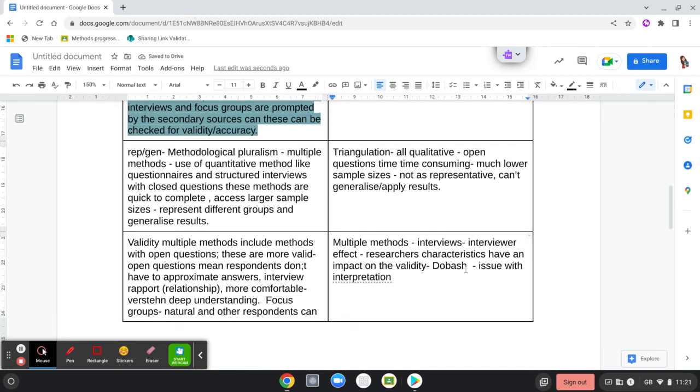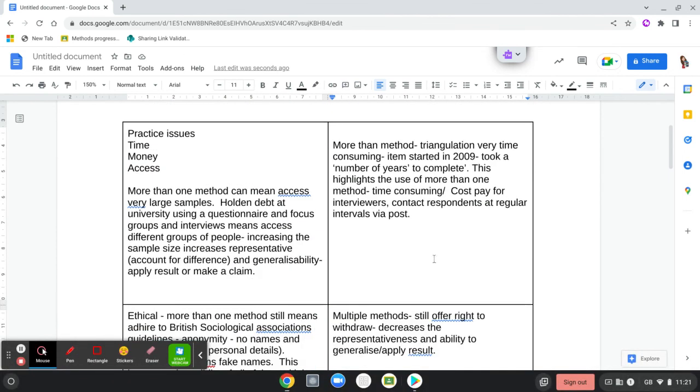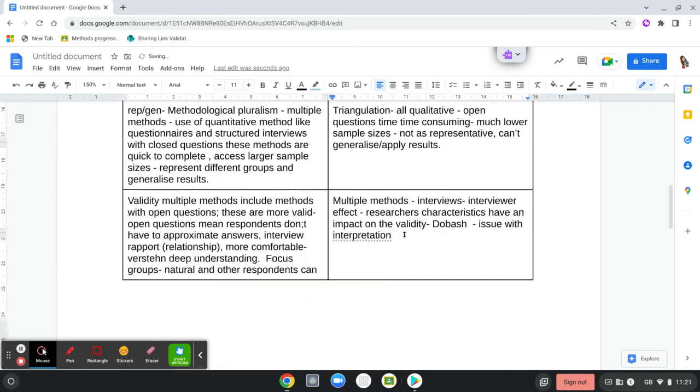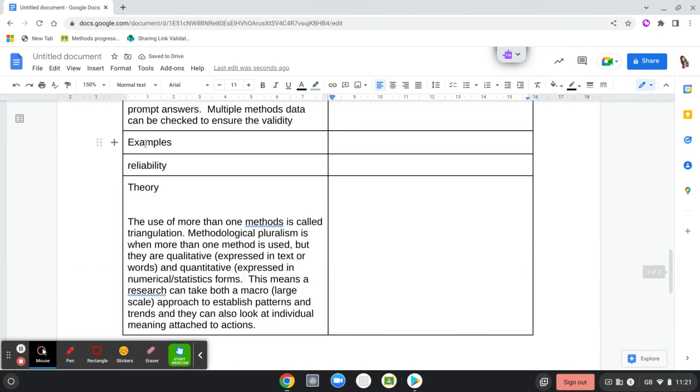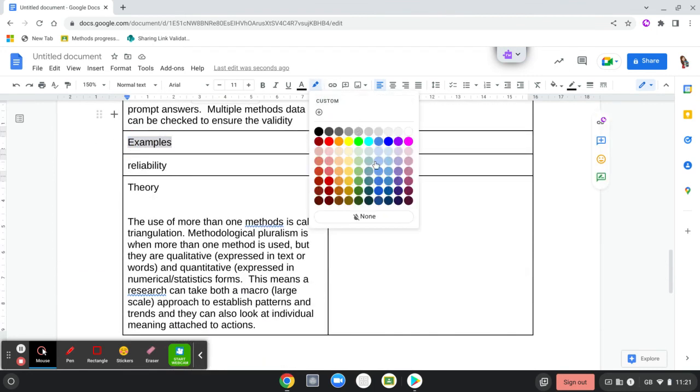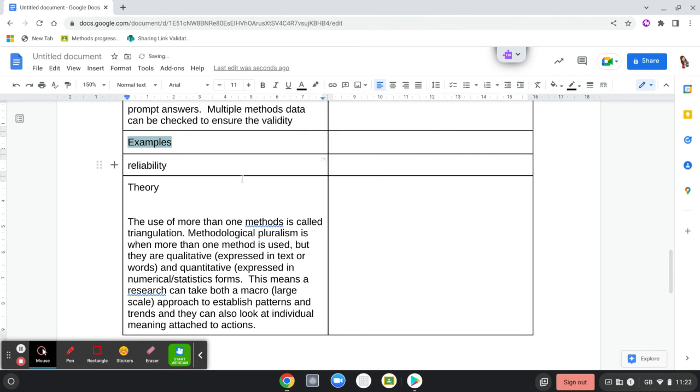So validity studies, I've already got 1 study, 2 studies, continue with my greenish colour, and item. You don't get more marks for including a study more than once, but you need to be 2 separate studies. But the other E, just to remind you, is examples. That is done, covered. Remember, plan these, they're really tricky.